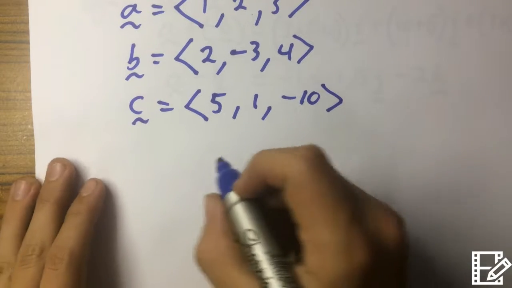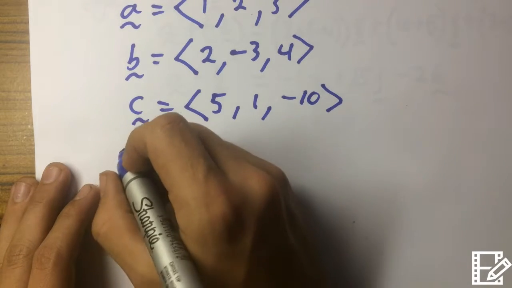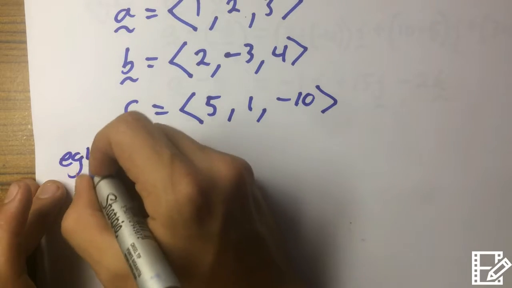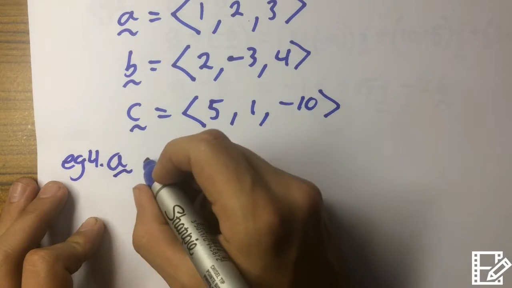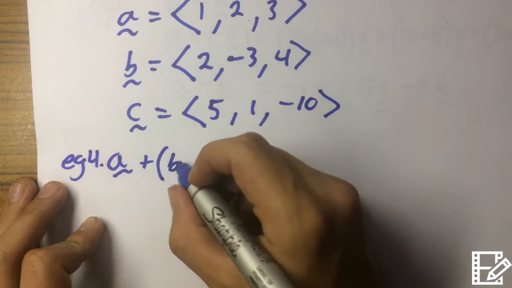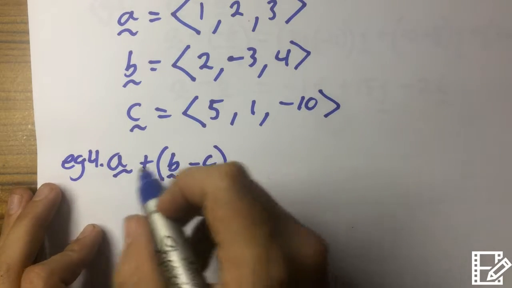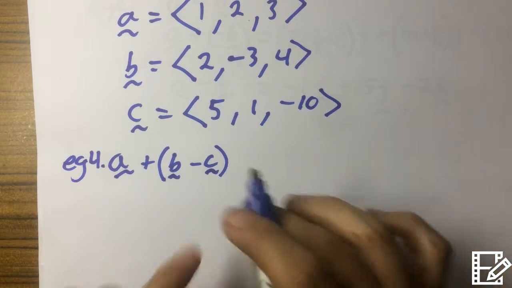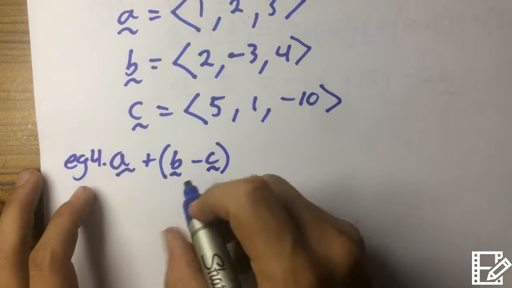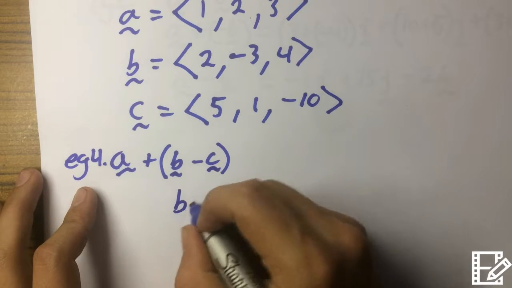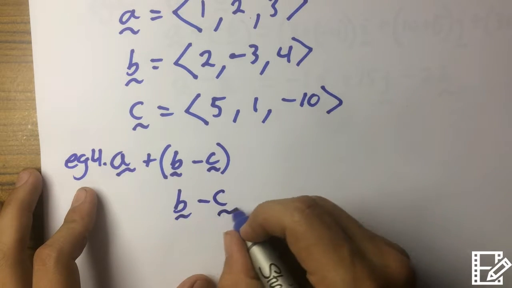Okay, so let's say our example, this will be a fourth example, is A plus, in brackets, B minus C, which means we do the B minus C first, and then we add that to the A. So we'll do B minus C. What does that equal?